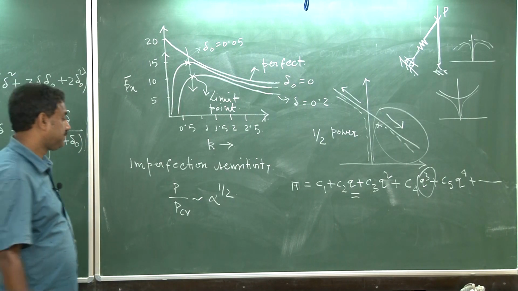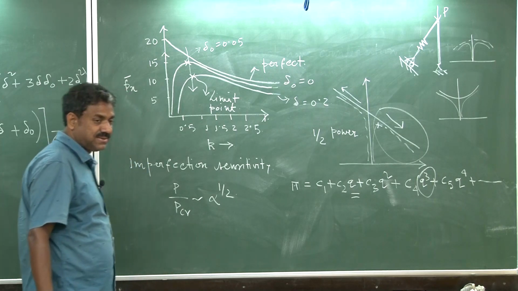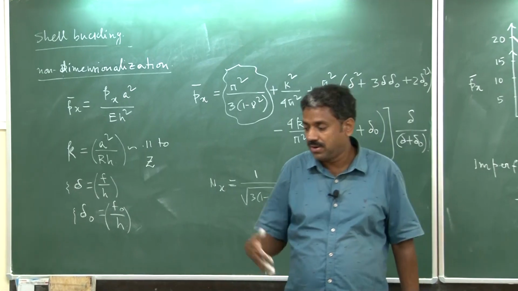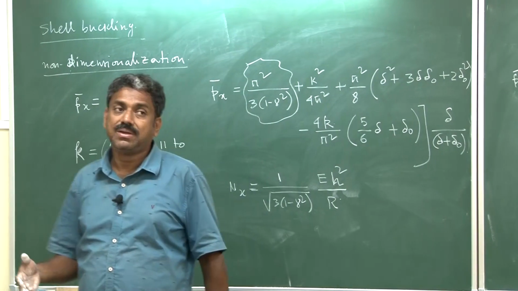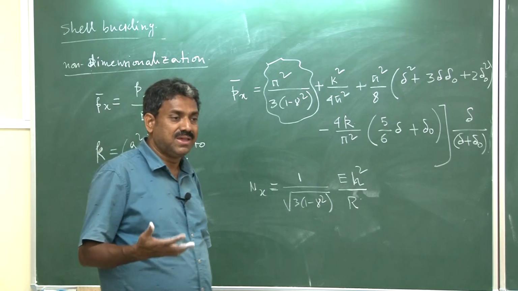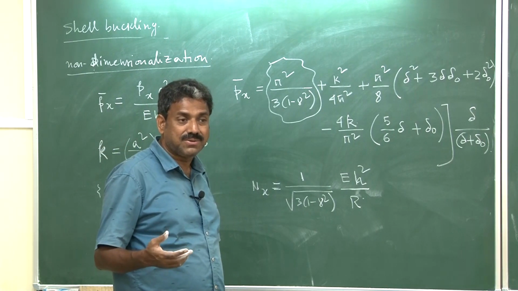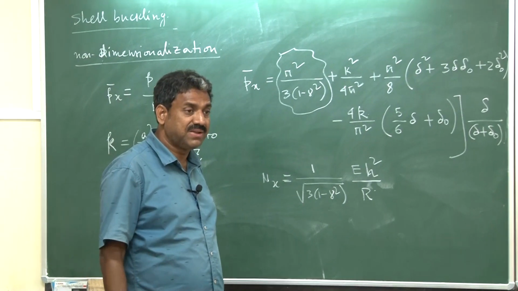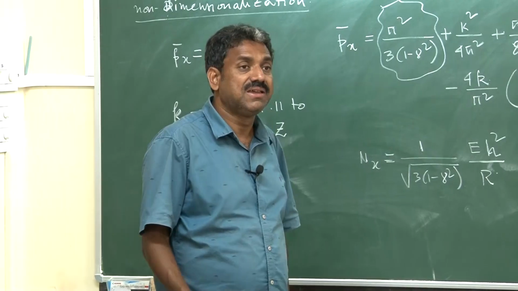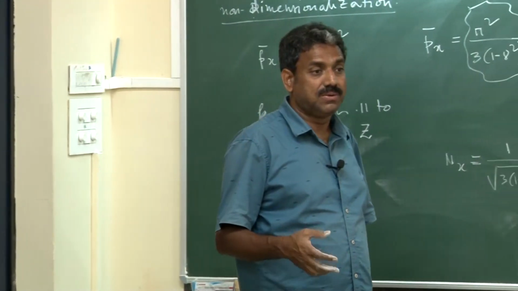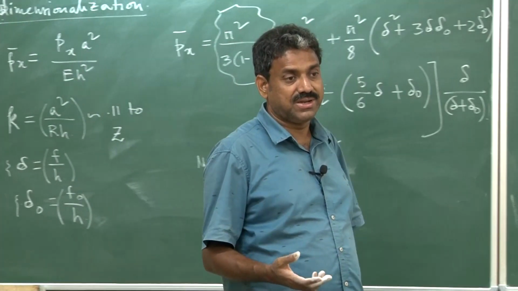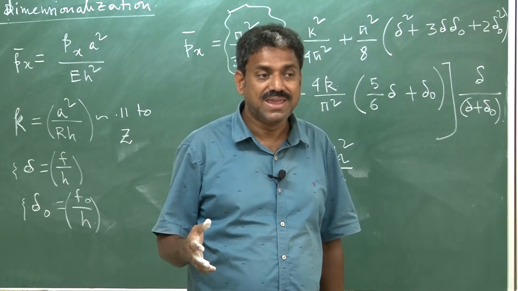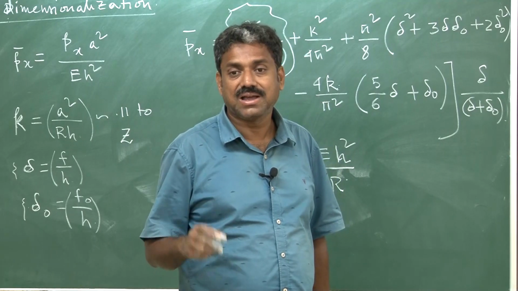And this imperfection sensitivity is captured through this present analysis, which we have simplified a little bit, but it takes into account the coupling between the in-plane stresses and the out-of-plane deflection. So, they are geometrically coupled, coupled through geometric nonlinearity, and that is how the closely spaced modes, or multiple modes, interact, and this interaction among different modes is the culprit.